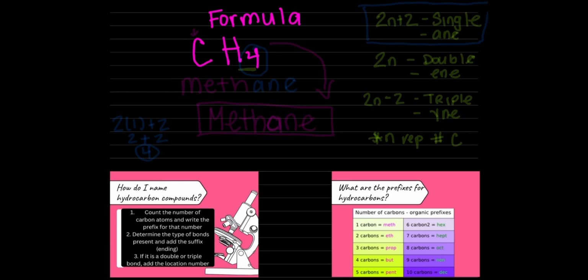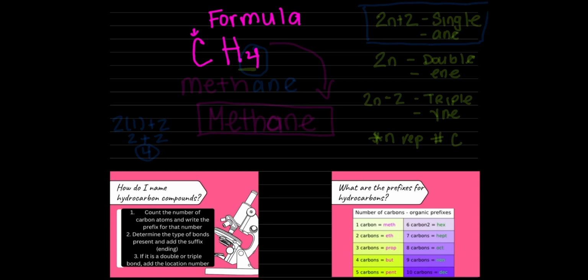And so let's make sure we're referencing that when necessary. And on the right-hand corner, I do have the prefixes that we would need in order to identify the name of the hydrocarbon. Okay. So first things first, if they give me the formula, I am going to look and count the number of carbon atoms and write the prefix for that number. Now, what I want you to see is that for carbon, you see that C right here.